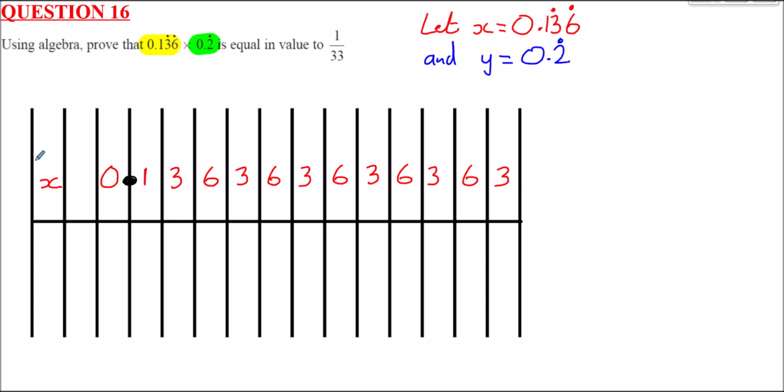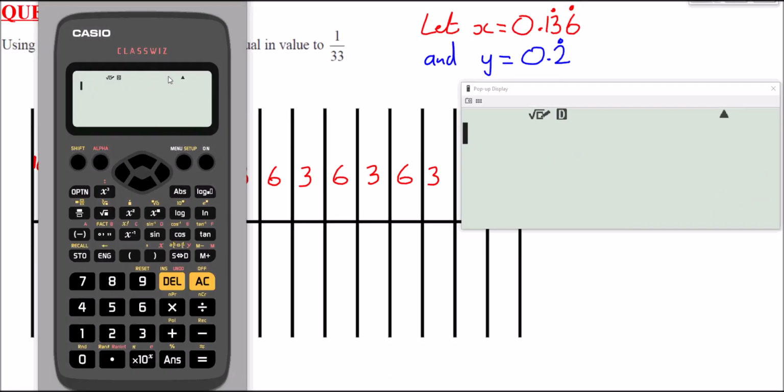So if I multiply by 10 and do the next bit above, what would 10x be? You can even do this on a calculator. We type in the value 0.136 recurring. We type in the 0.1 because these parts of the decimal aren't recurring.